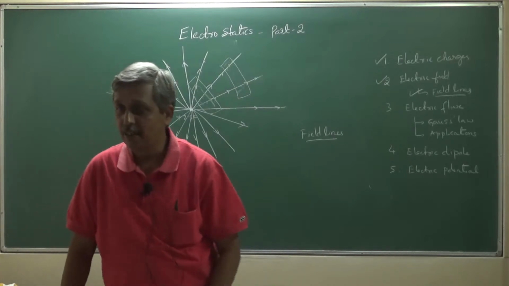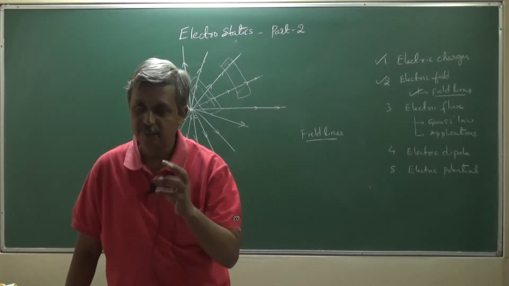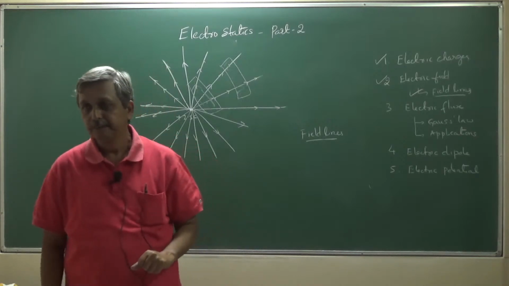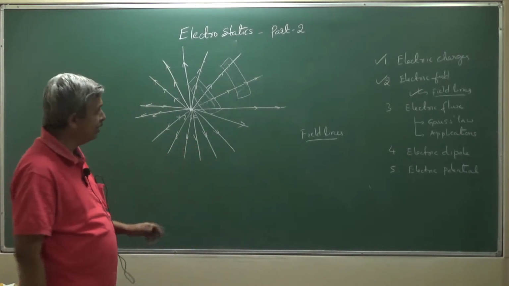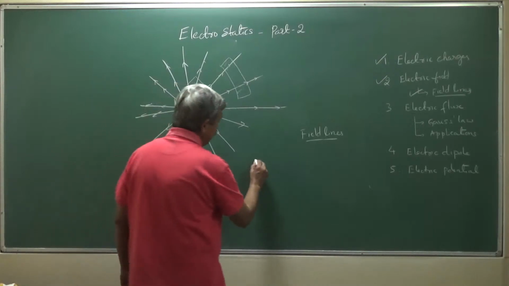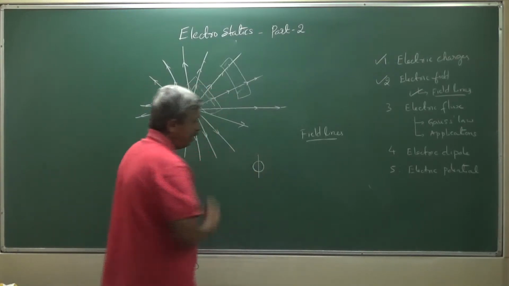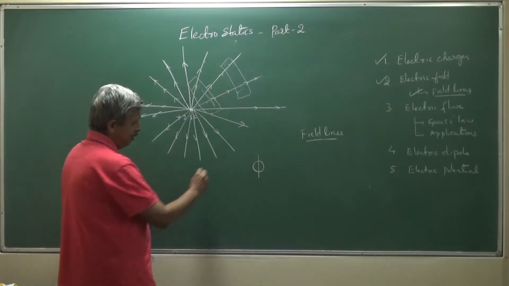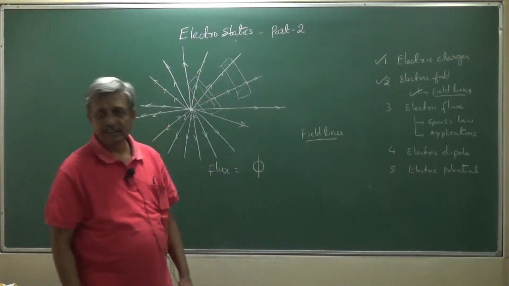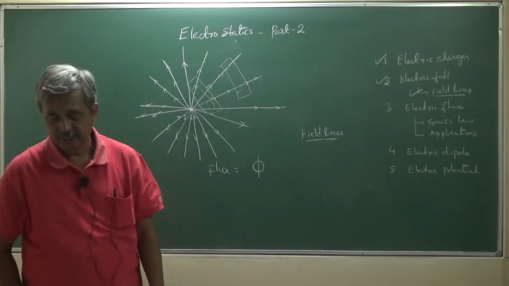Yeah, but how do we draw to make electric flux basically exactly calculable? Yes. So we say that electric field lines are there and they are passing through that area. Now electric flux is given by a symbol called phi. Okay. It's just a Greek letter. Symbol called phi.